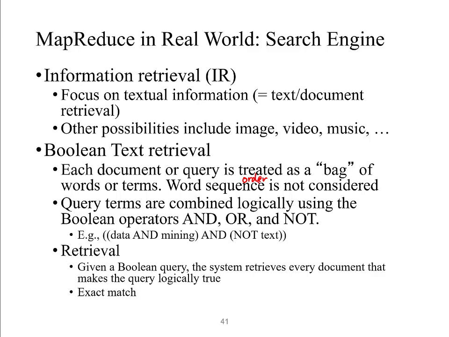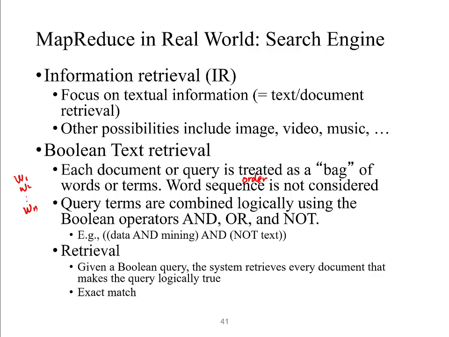So each document would be converted into W1, W2 to Wn, where n is the total number of terms or words in the document. Now the query terms are combined logically using the Boolean operations like and, or, and not.